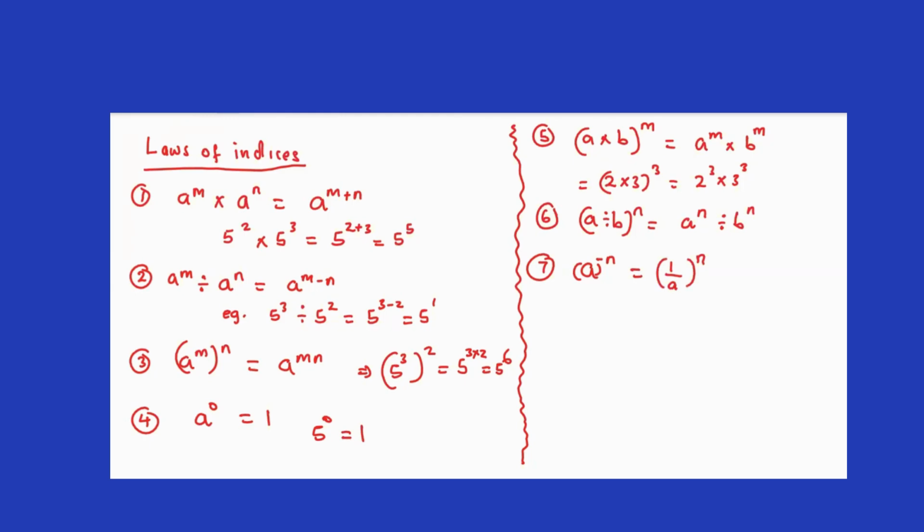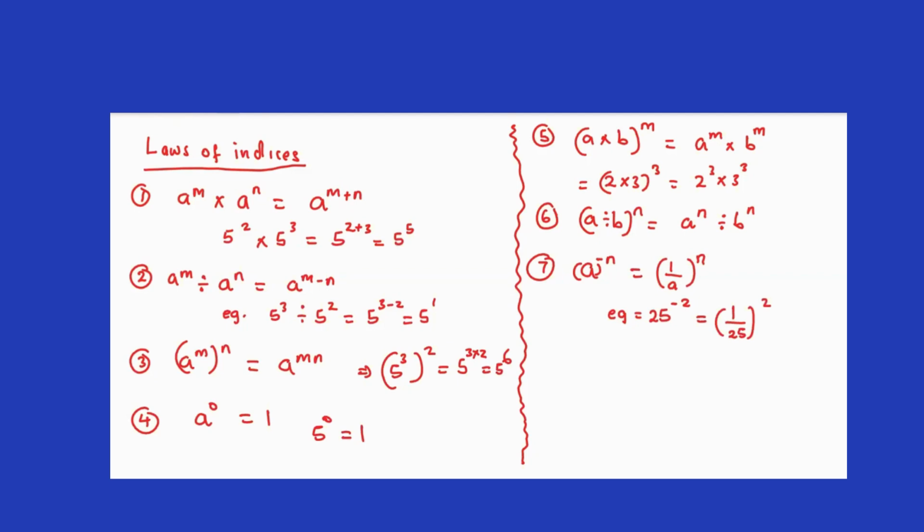Let me indicate this with an example here. So when we have something like 25 raised to power negative 2, this one will be equals to 1 over 25, the reciprocal of what is in the bracket, raised to power 2.